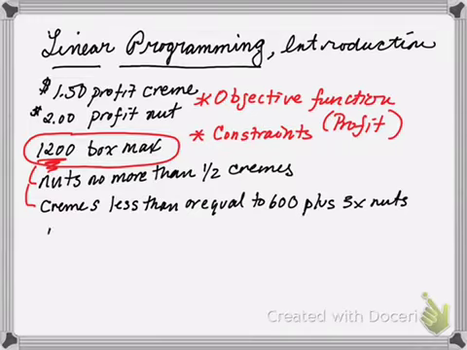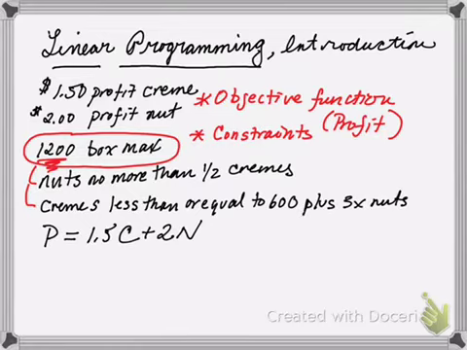So we would say in this case, p is equal to what? The profit in this case is going to be equal to 1.5. So I'm going to make $1.5 per each of the chocolate covered creams, each of those boxes, plus I'm going to make $2 off of each chocolate covered nut box.